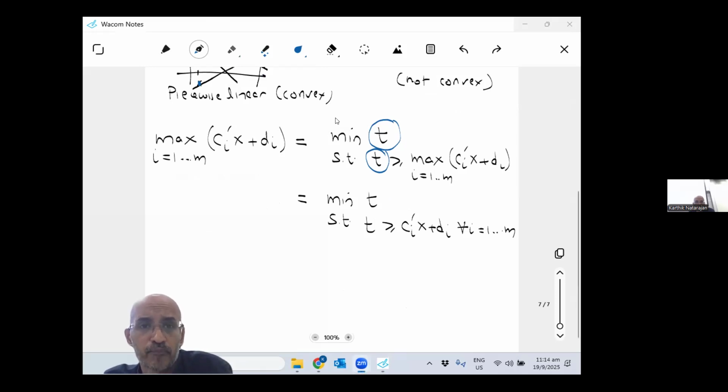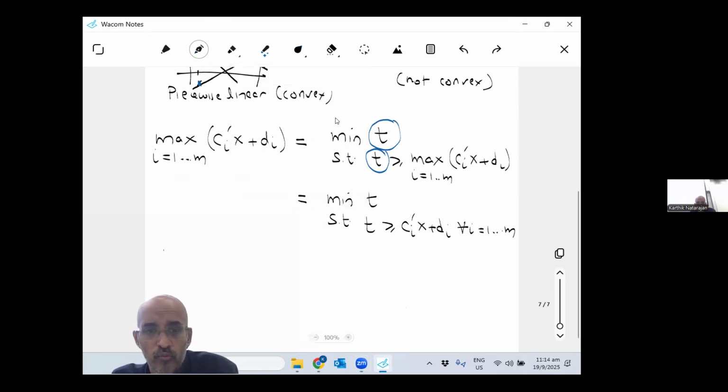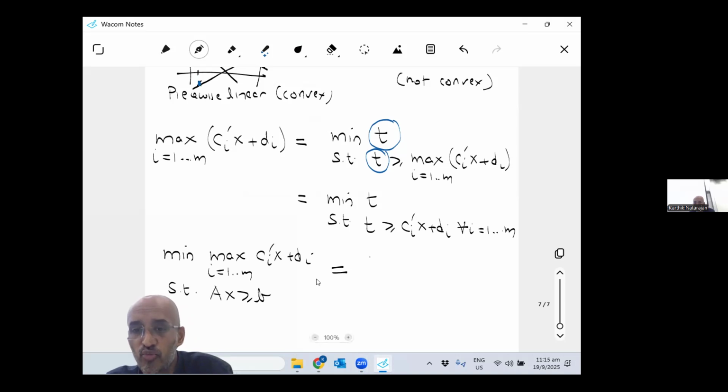Okay. So I want to solve the LP, right? I want to minimize the maximum of ci transpose x plus di, subject to Ax greater than or equal to b. But now I can rewrite this. Think about what I'm doing: I'm taking this part and writing it as another minimization problem.